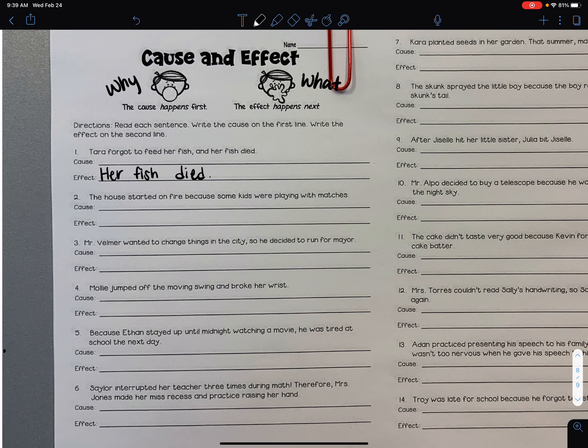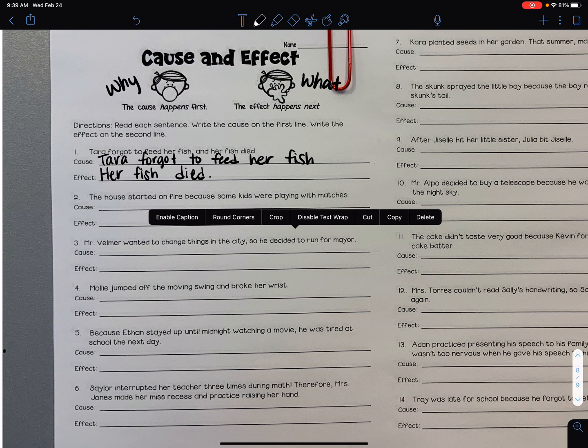And why did her fish die? Well, we see that Tara forgot to feed her fish. So Tara forgetting to feed her fish caused her fish to die.